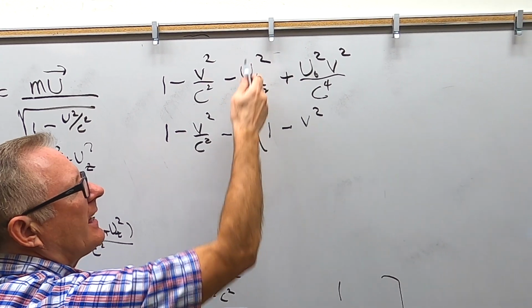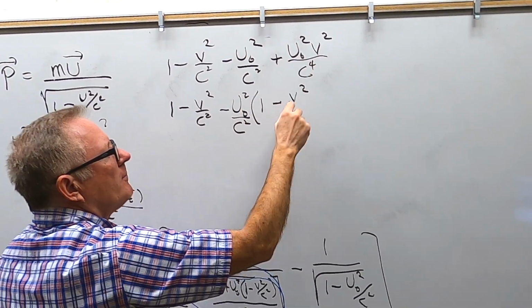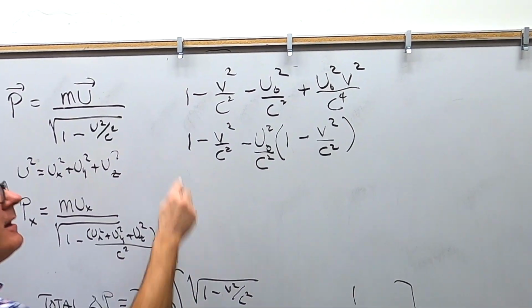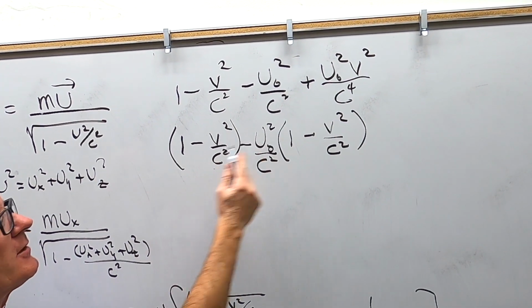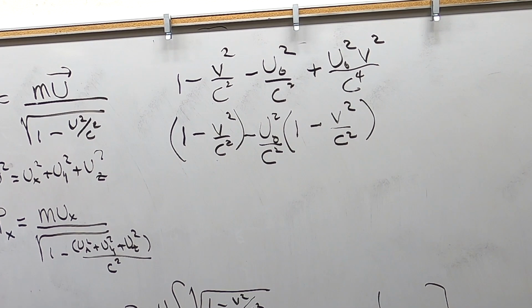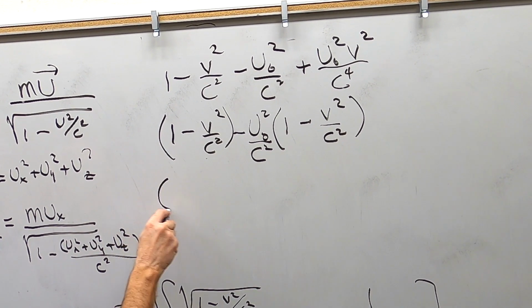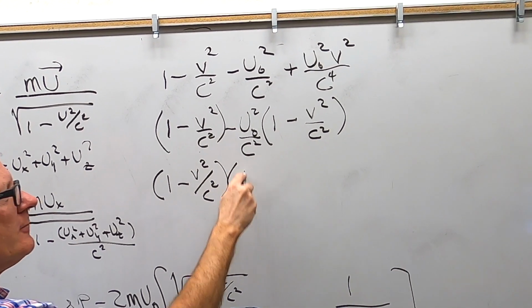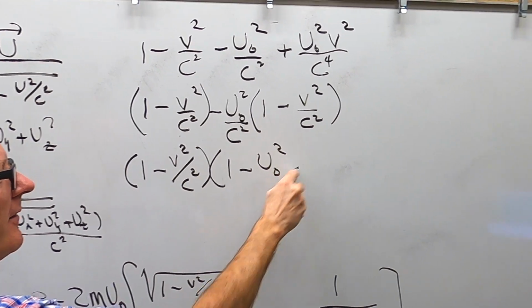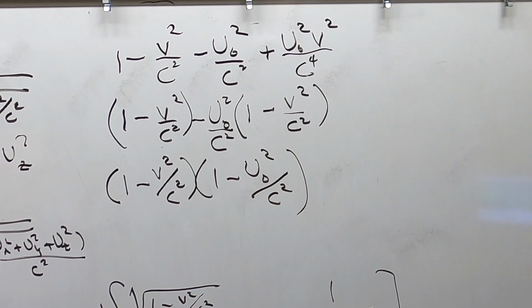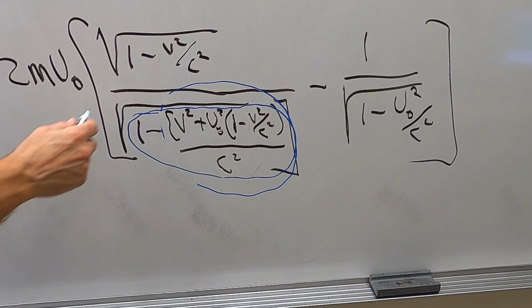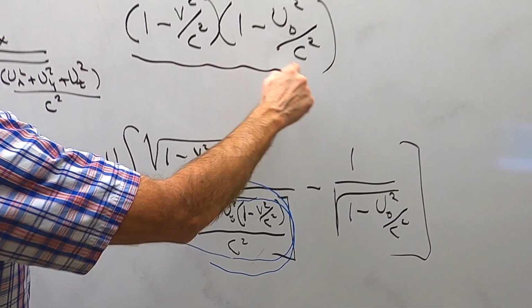I'm going to factor that out, and this becomes 1 minus v squared over c squared. I'll factor that out. So this is 1 minus v squared over c squared times 1 minus u naught squared over c squared. So that's what everything in this blue did right here. It just came down to that.